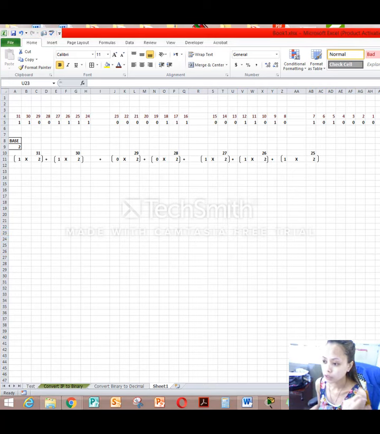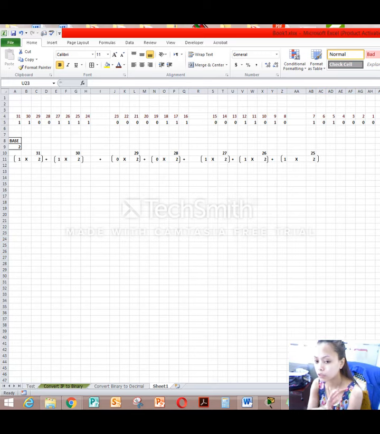So now the formula is that we need to multiply every number by 2 raised to its assigned position. The generic formula is 2 raised to the corresponding position number, times the digit. So in this given activity, since the last digit is assigned the 0 position and the digit itself is 0, we are going to compute 2 to the 0 times 0.